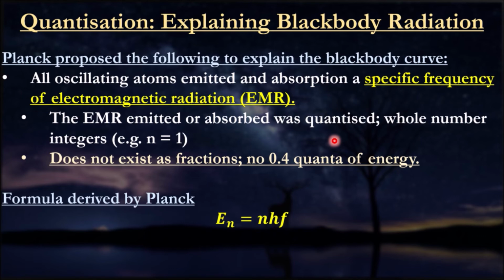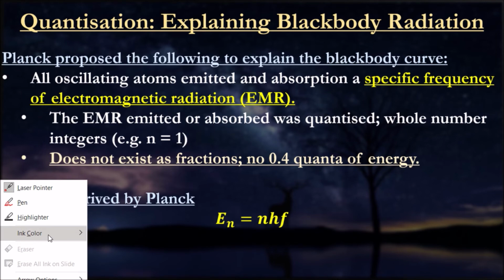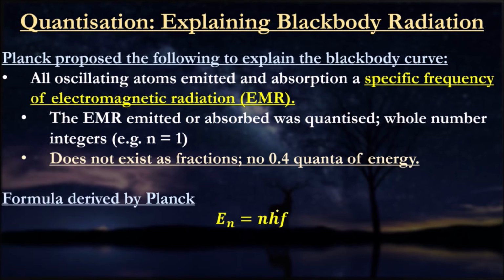So you can absorb 1, 2, 3 electromagnetic radiations, but you can't absorb 0.4 quantity of energy. You can't absorb half the energy. You need to absorb it in discrete whole number integers. And so he derived a formula to demonstrate that, which is E equals nhf. f represents frequency.